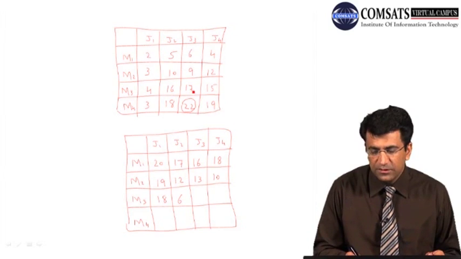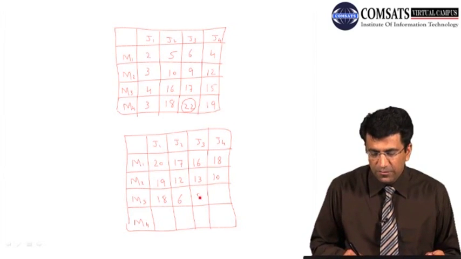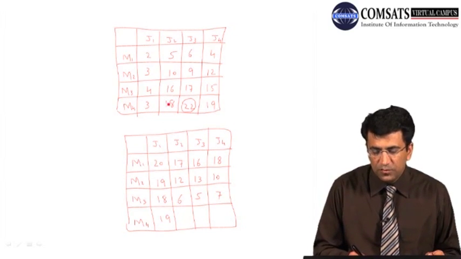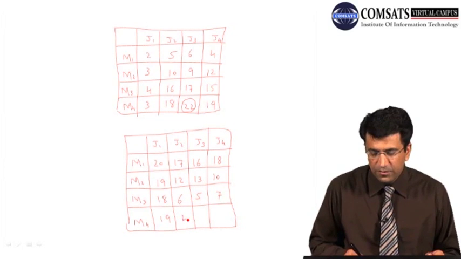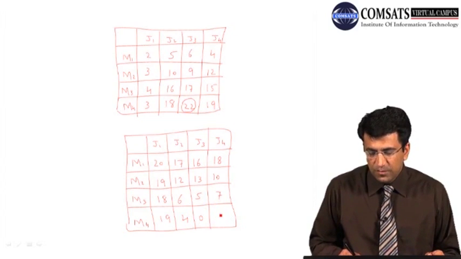22 minus 17, it will become 5. 22 minus 15, it will become 7. Then 22 minus 3, it will be 19. 22 minus 18, it will be 4. 22 minus 22, it will be 0. And 22 minus 19, it will be 3.